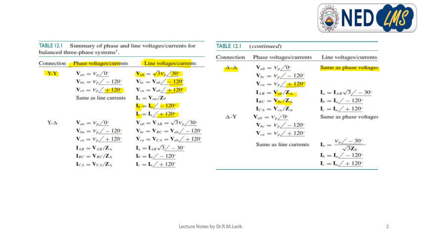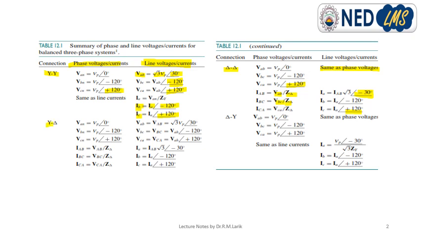Considering the phasor, the respective line current lags the phase current by 30 degrees, so minus 30. In the previous case it was leading by 30 degrees; here it is lagging. The second is minus 120 apart from the first, and the third is minus 240 or plus 120, same thing. So these are the values of the line currents in delta-delta.